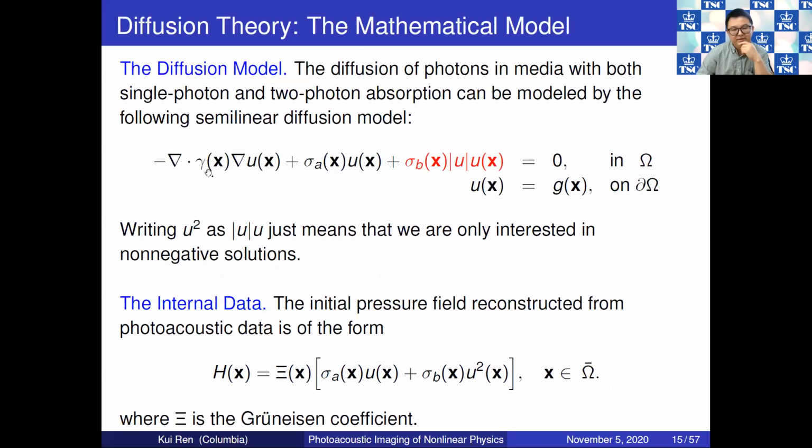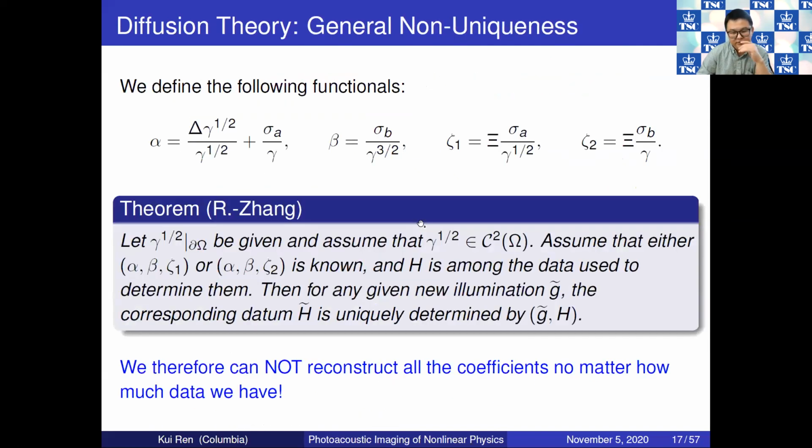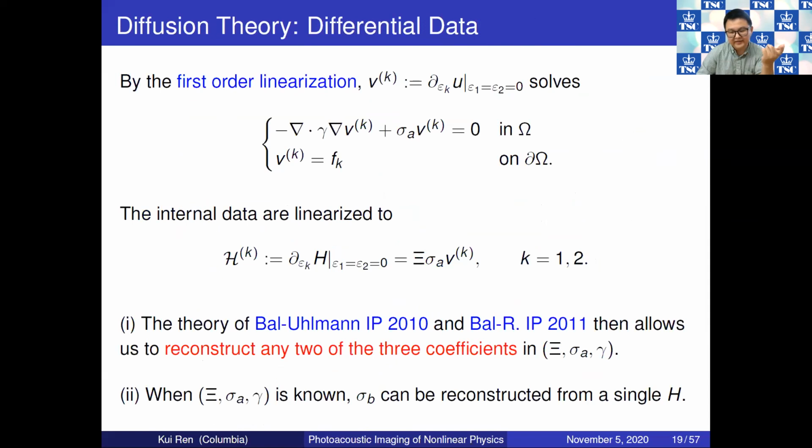So if you know gamma already, you know sigma A already, you know chi already, then from H you can get the solution U already, right? So once you know the solution U, you can get sigma B. Or you can just say that I can construct sigma B times U and put this here, I can solve this to get U, etc., etc. So you should believe that once you have this step, it's very easy.